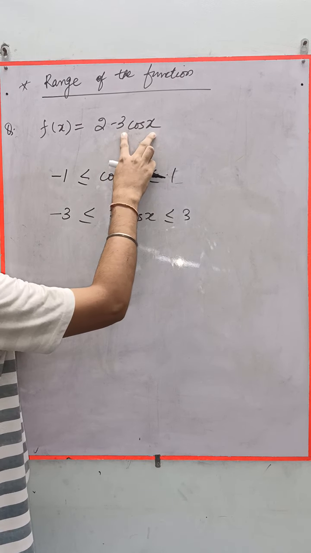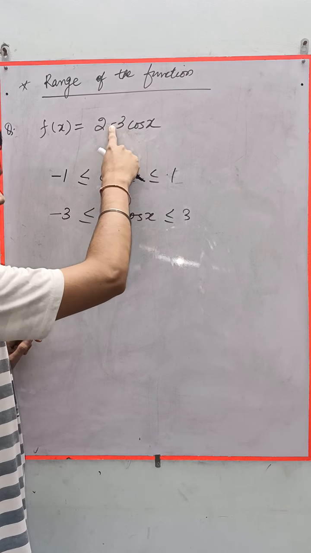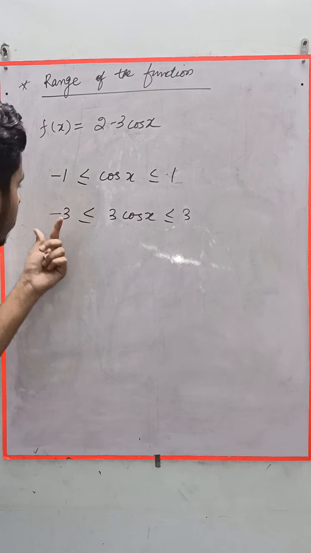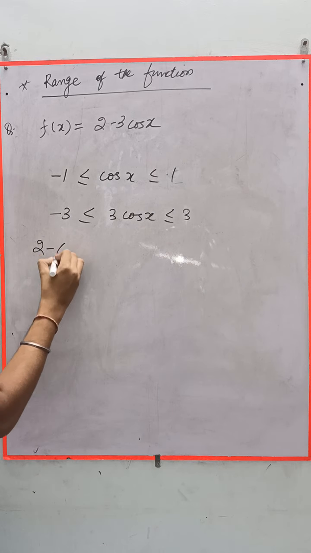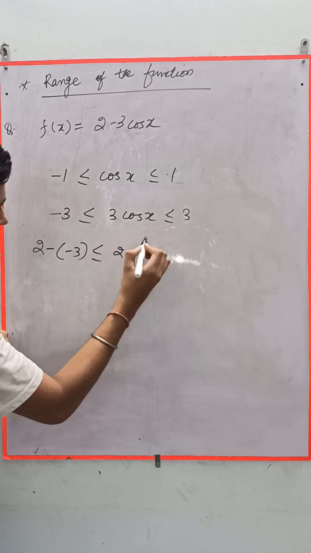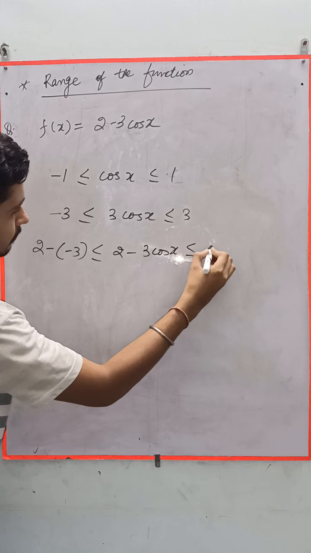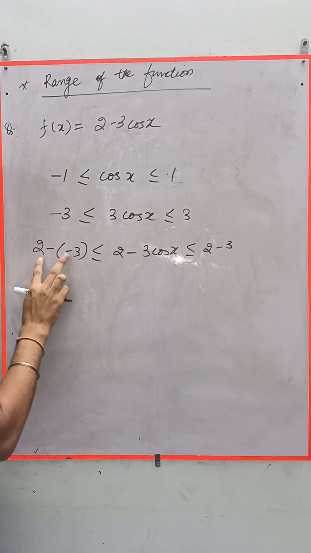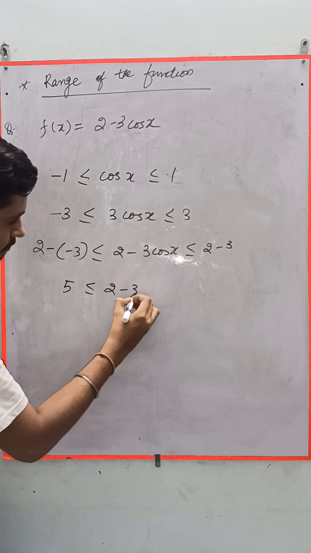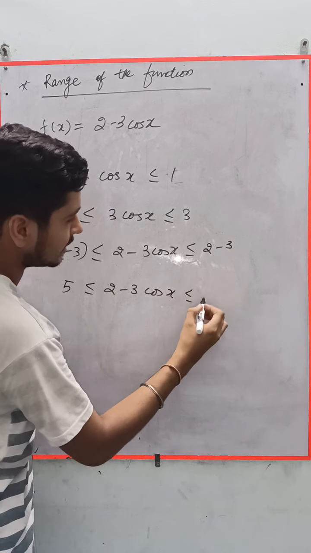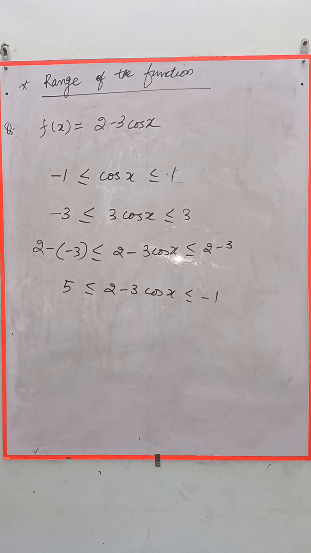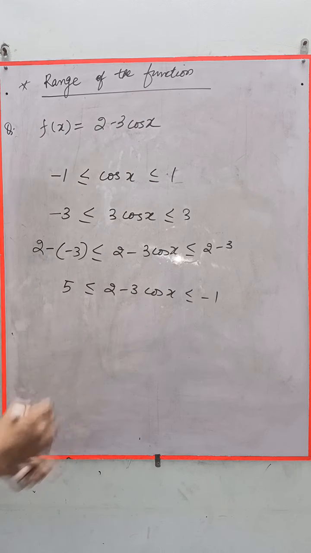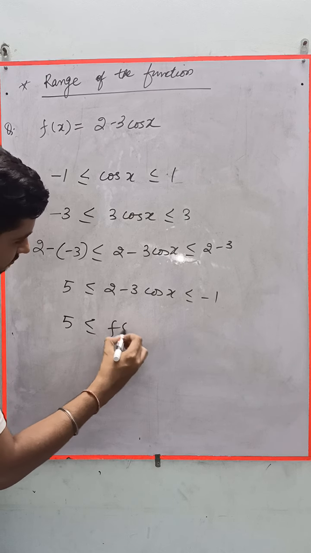Now in front of this 3 cos x we have a minus sign here, and we need to subtract 2 from all. So from all three sides, let's subtract 2. Now this is what? Minus minus plus, 2 plus 3, 5. 2 minus 3, minus 1. As you can see, we got our main function, so in place of this we can write f(x).